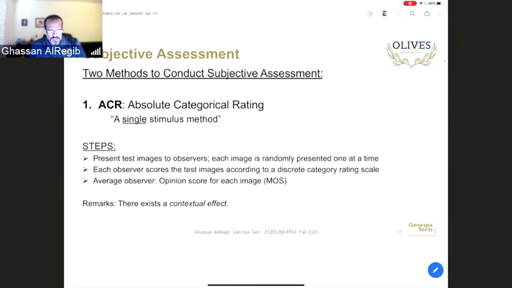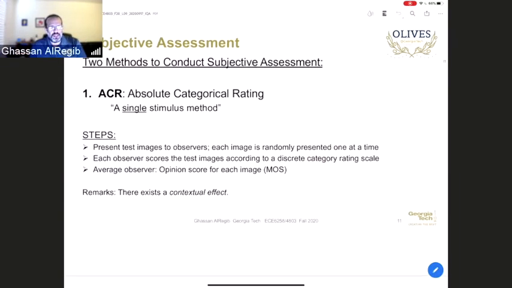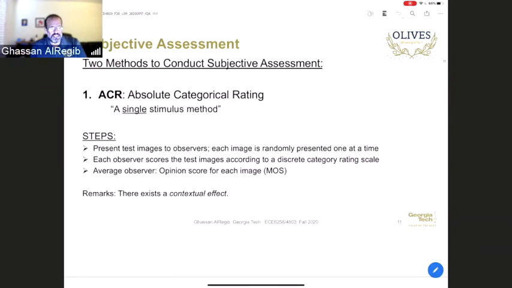So before we dig into the objective measures, let's study the subjective assessment. There are two major ways we run subjective assessment of images. The first one we call the single stimulus method.